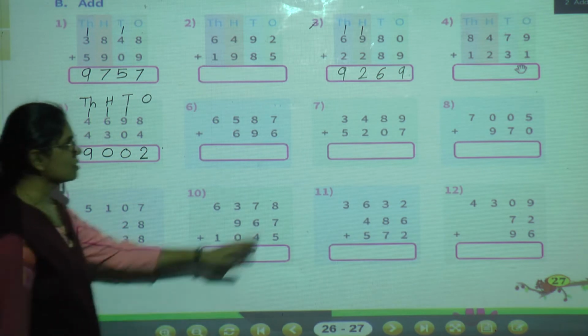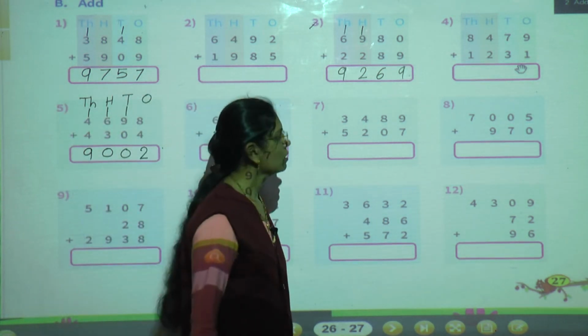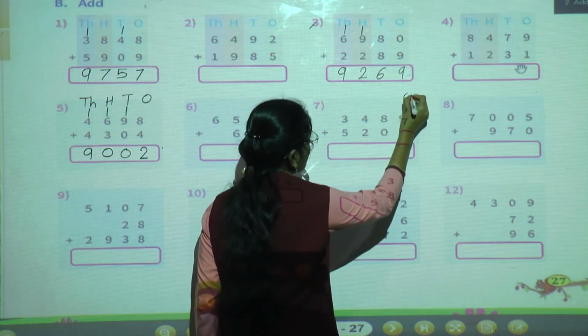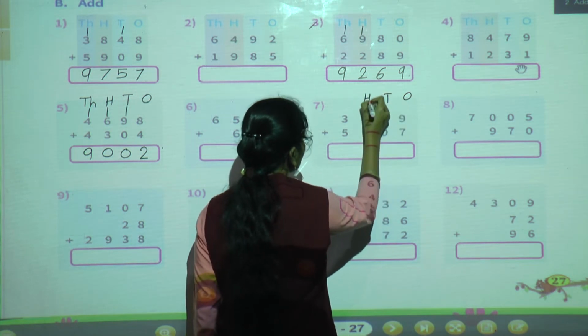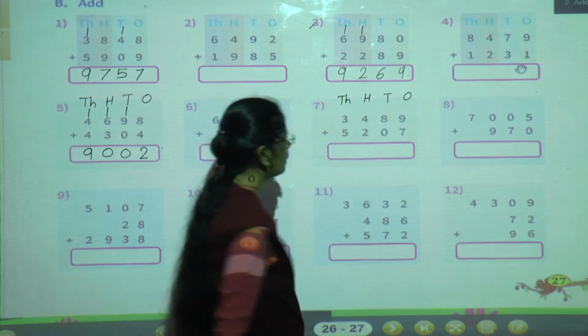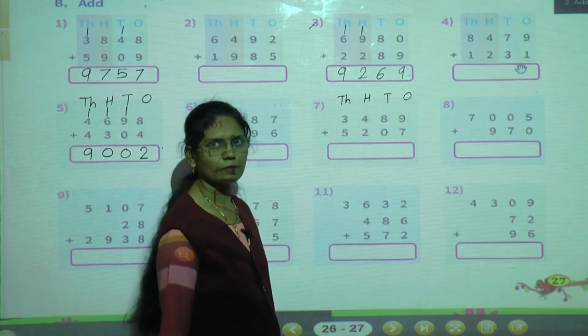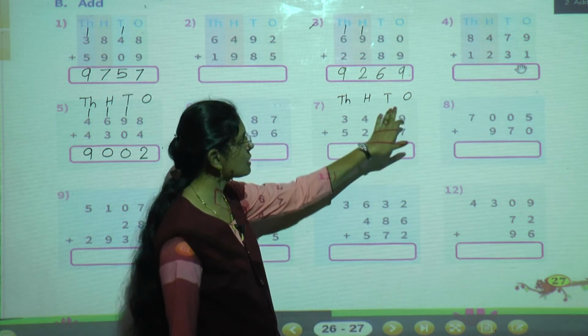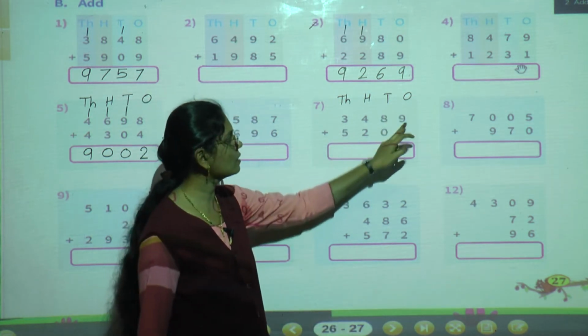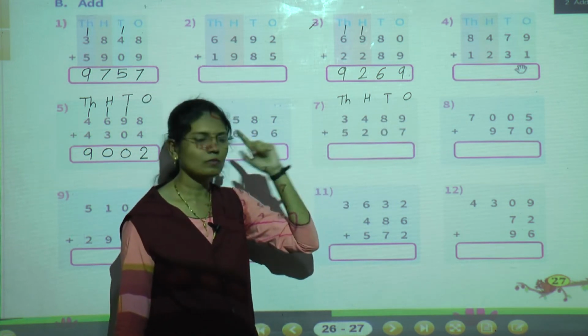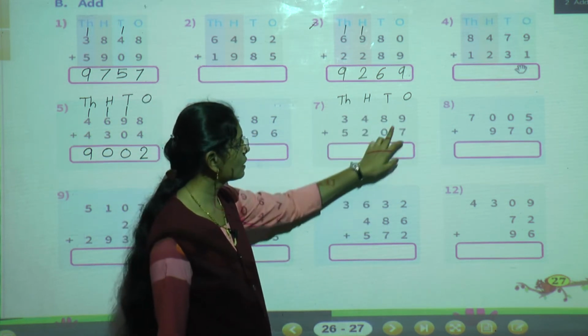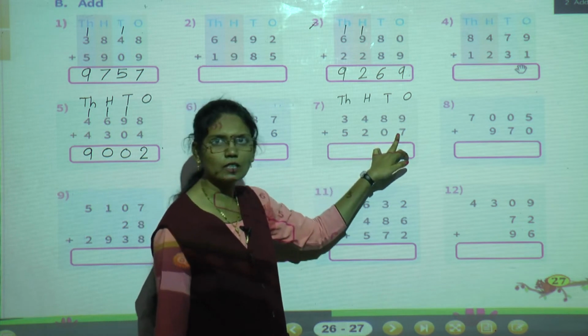Now students, see the 7th number sum. Write their places: ones, tens, hundreds, thousands. Now see the ones place digit. 9 ones plus 7 ones. 9 plus 7, this 9 keep in your mind, and 7, show your 7 fingers. After 9 count 7 fingers.